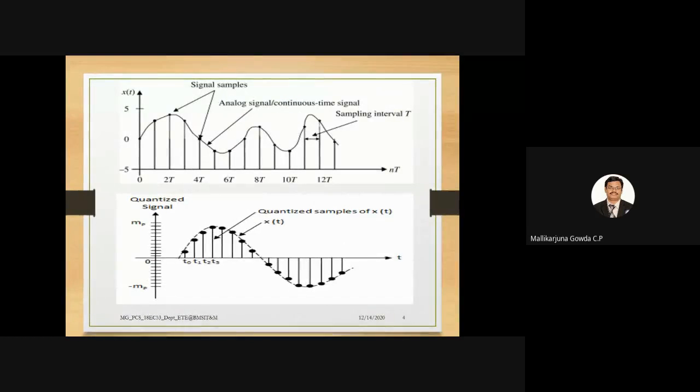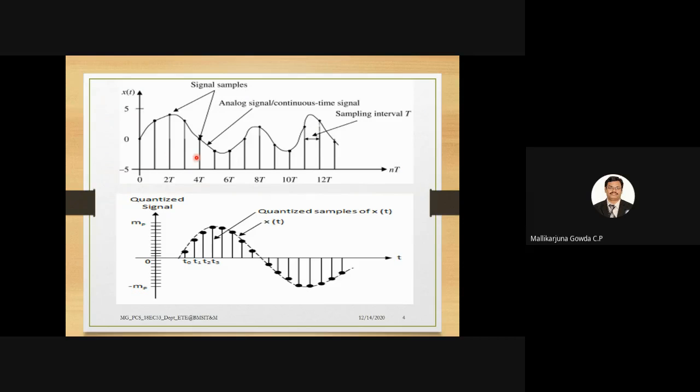This is one more example, a diagram I have taken for better understanding. This is my continuous time signal, wherever I am moving the cursor. Hope you are able to see my cursor. Then I do the sampling at the sampling interval T. This is my T, 2T, 3T, 4T, and so on.